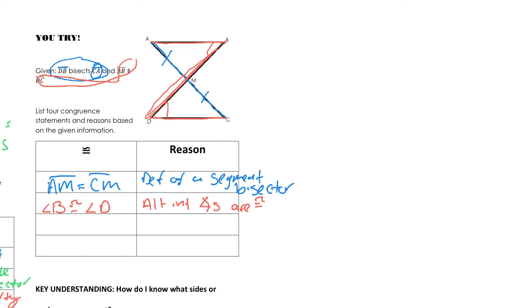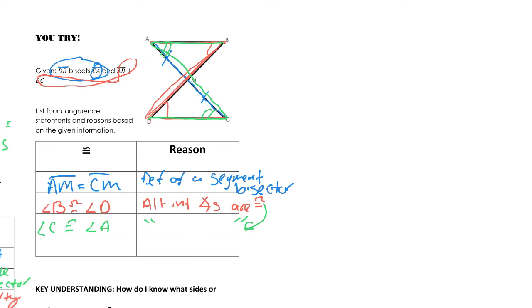So I've used 2. It said list 4 congruent statements. Well, if those lines are parallel, I could write the Z this way. That means angle C is also equal to angle A. And it's for the exact same reason, so I'm going to put little quotes here. Alternate interior angles are congruent. It's the same reason.